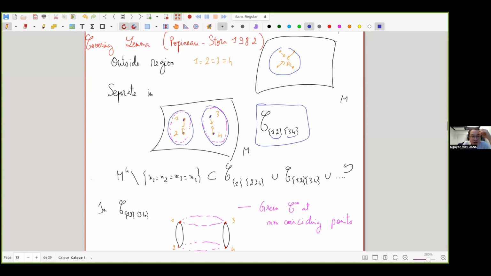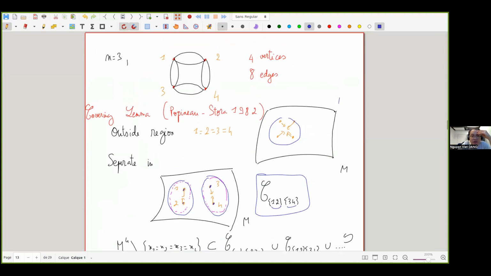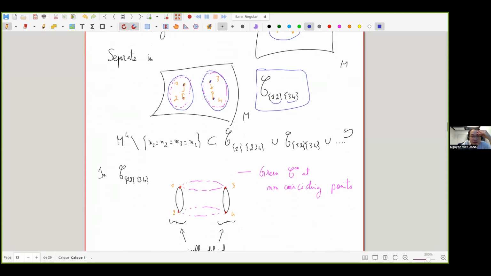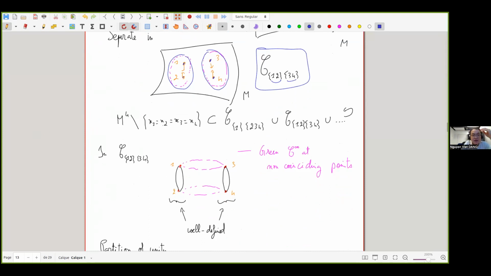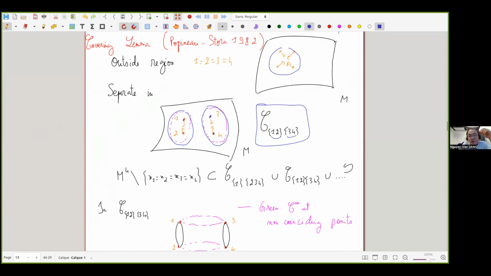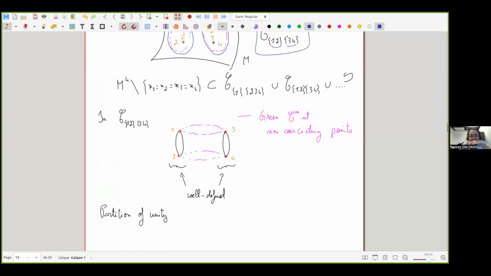Okay, so now you can cover the complement of the diagonal in the configuration space of 4 points, because here in your Feynman graph, you have 4 points. You can cover the complement by these strange regions where you have some groups of points that are forbidden to collide. And now you study your Feynman amplitude, for instance, in this region, C_{12,34}.